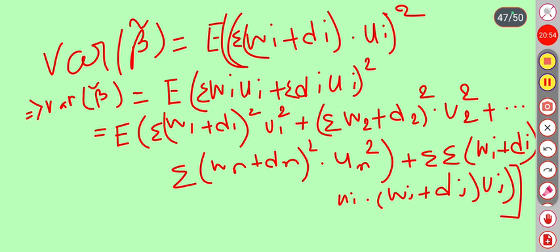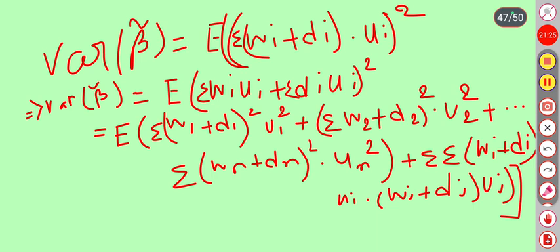Expectation is outside, so the expected value of summation w1 plus d1, whole square, u1 square, plus w2 plus d2, whole square, into u2 square.